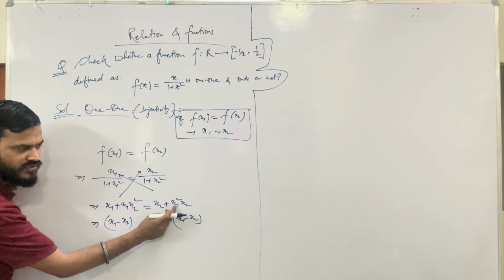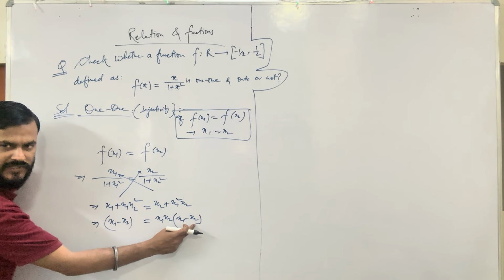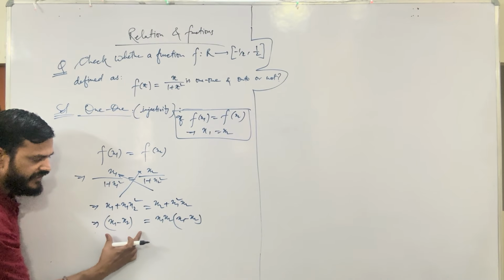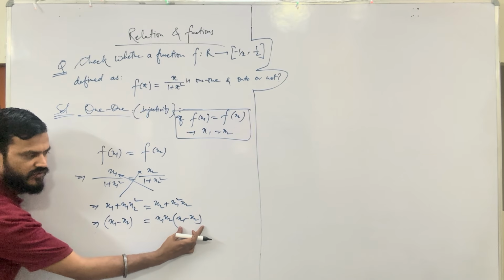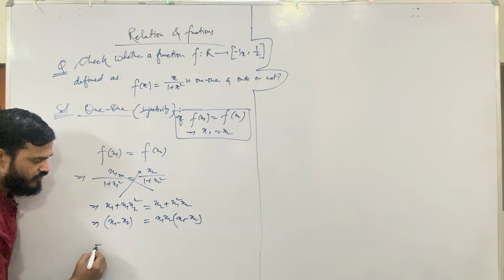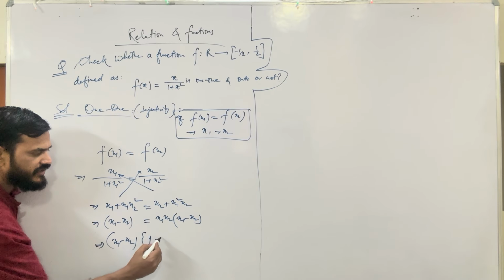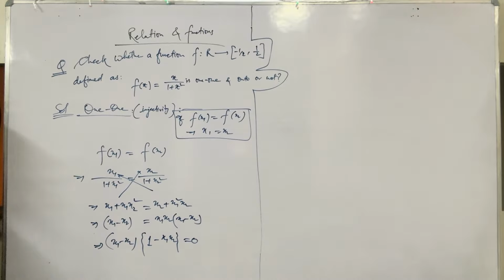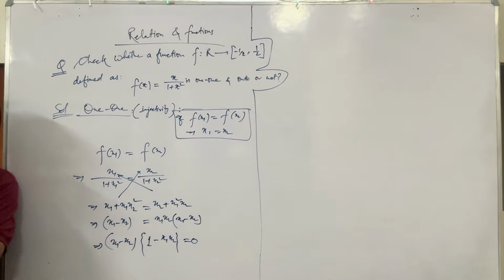From x1 square we are left with x1, and from x2 square we are left with x2, so x1 minus x2. Now we take the whole term to the left hand side, and we can take x1 minus x2 common. So we have x1 minus x2 times 1 minus x1 x2 equal to 0. Now we see the product of two terms is 0, right?